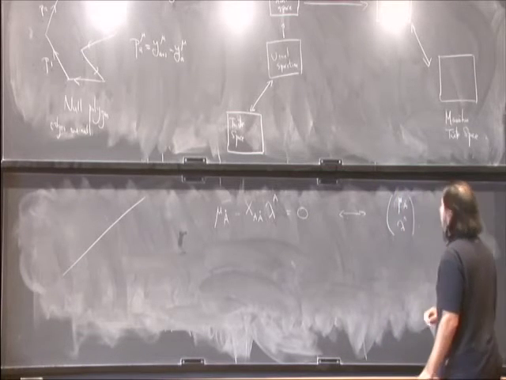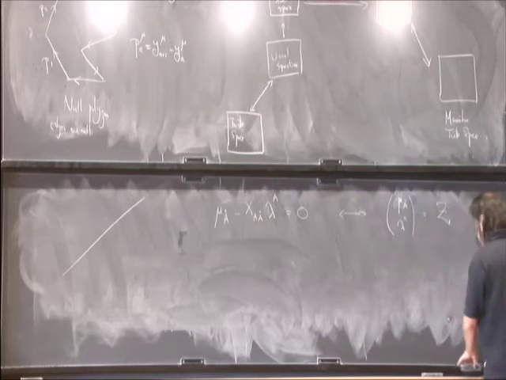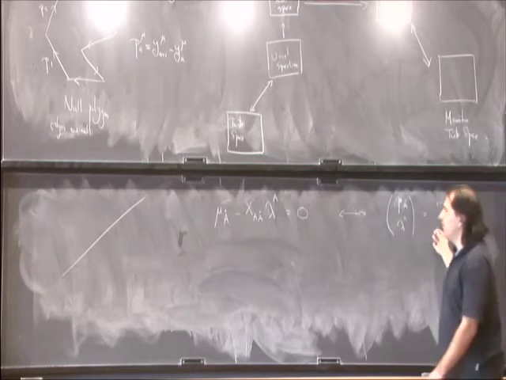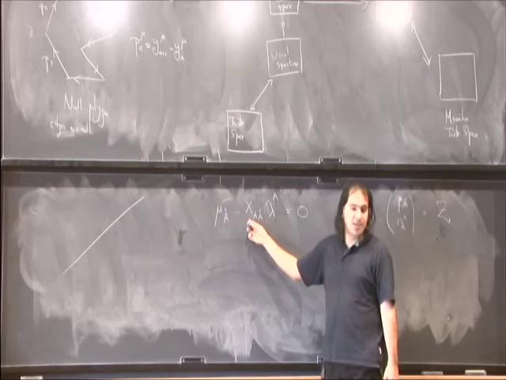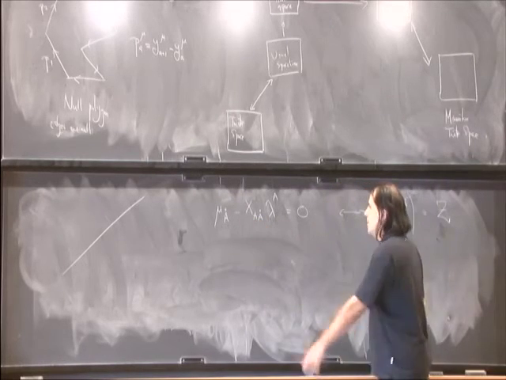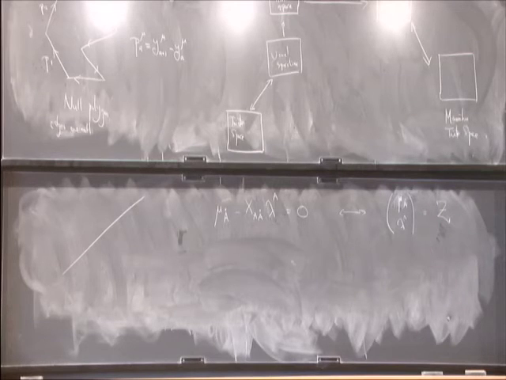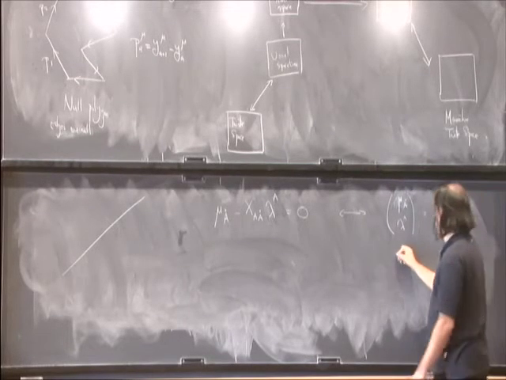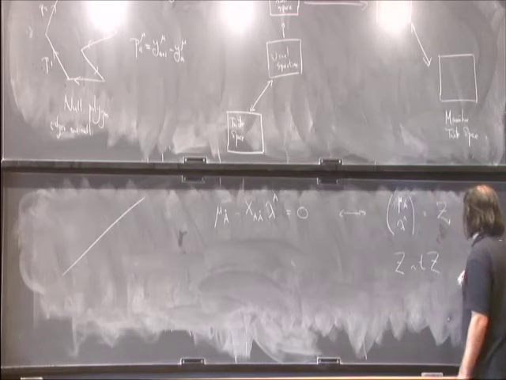I can group the mu and the lambda into a four-dimensional object, give it a name, Z. So if I take this vector in C4, the vector in C4 is associated with a null line in the Lorentzian spacetime. Of course, I can multiply that equation by any constant, and it doesn't change the null line. So Z and tZ are to be identified. So really, Z lives in CP3.